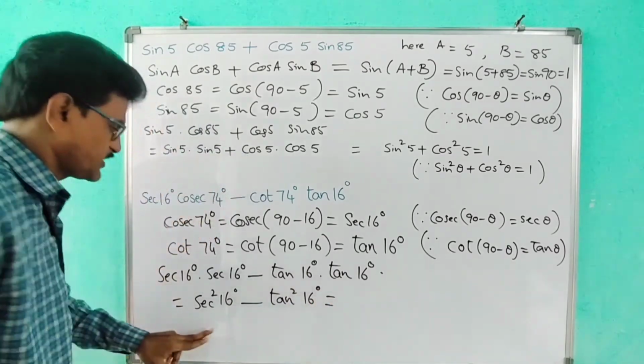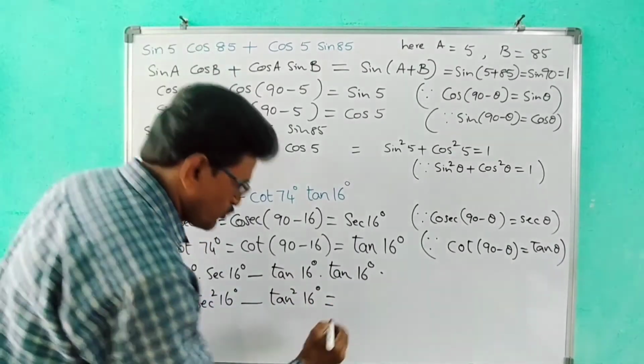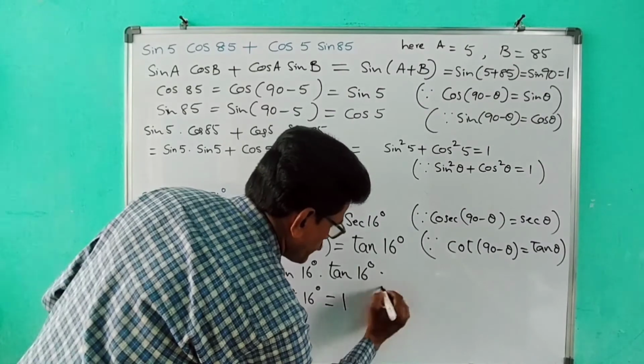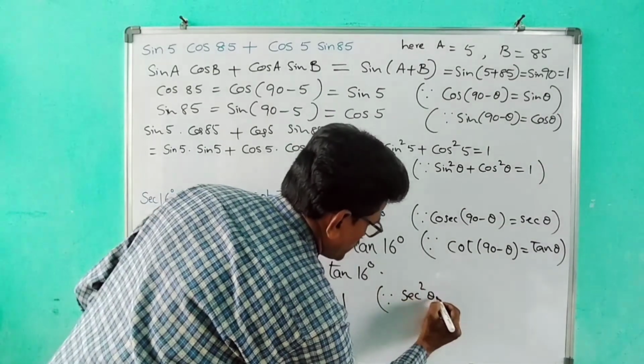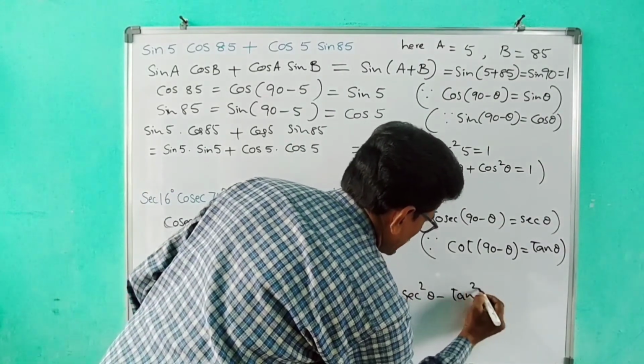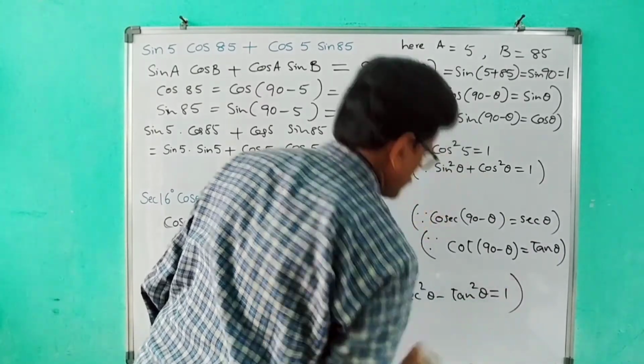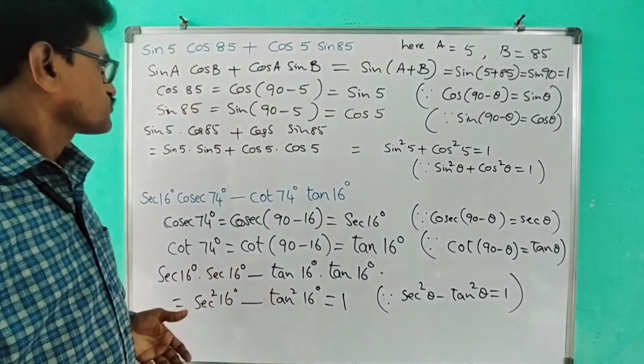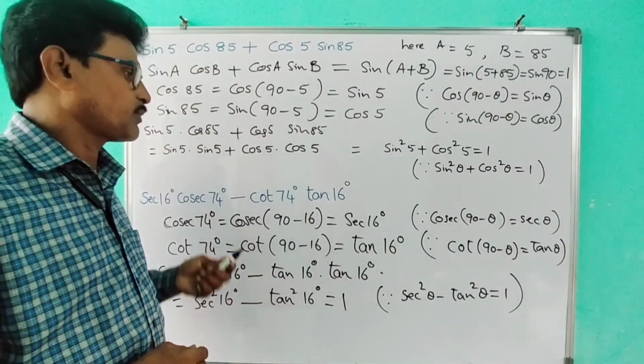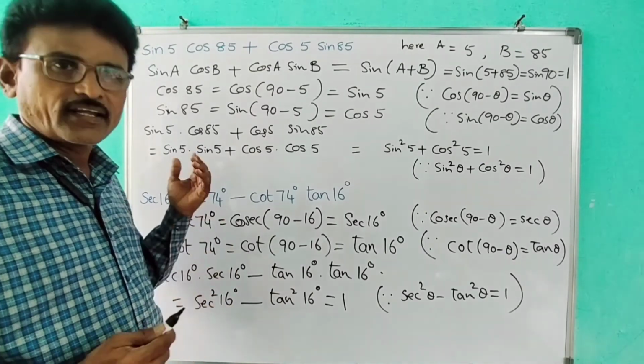This is sec square theta minus tan square theta, which is 1. So in this way we can solve the problems on trigonometric identities.